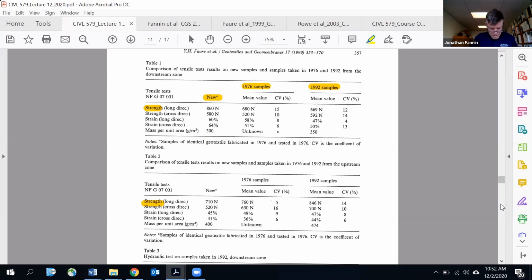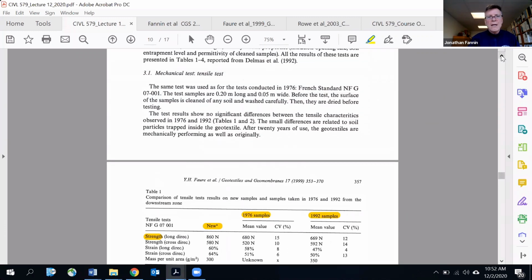Then there's a claim made with regard to the strength, and let me show you where that claim is. It's at the bottom here. The test results show no significant differences between the tensile characteristics observed in 1976 and 1992, tables 1 and 2. Okay, there's a claim for strength.